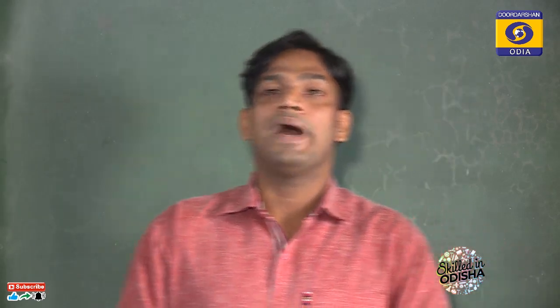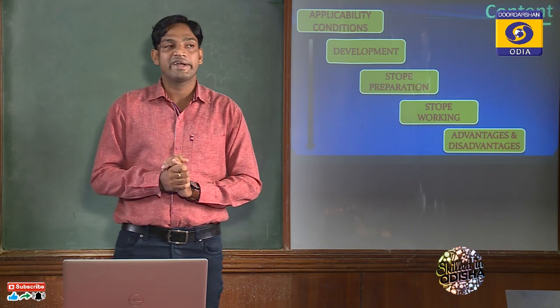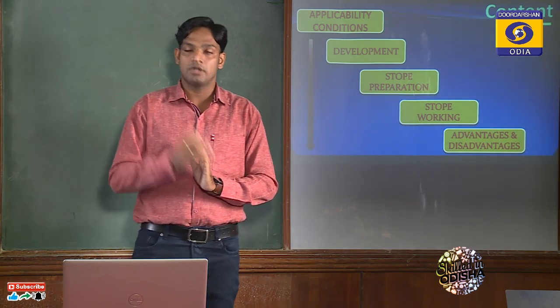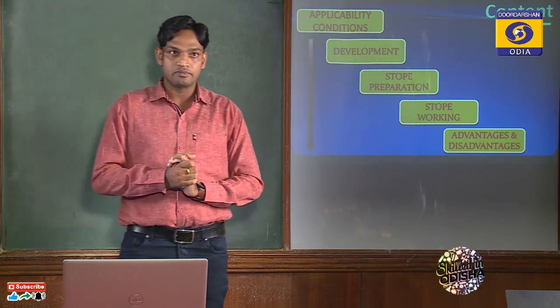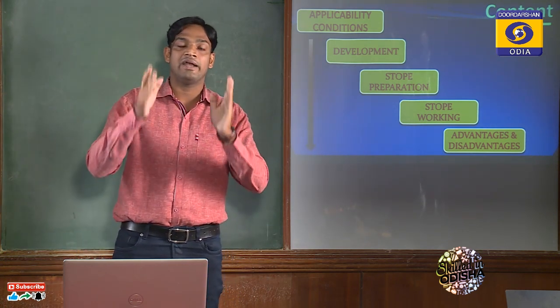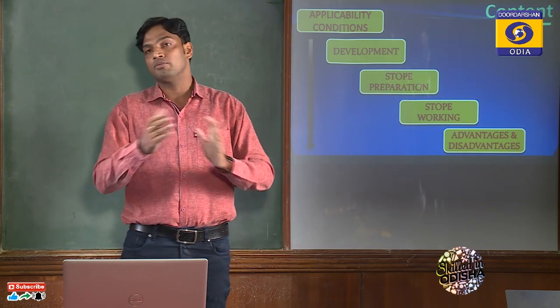So the ore body is beneath the surface, and we have to reach the ore body from the shaft or incline by a series of cross cuts, that is, horizontal roadways connecting the shafts or inclines to the ore body, such that we can assess it and further production can be done from there.